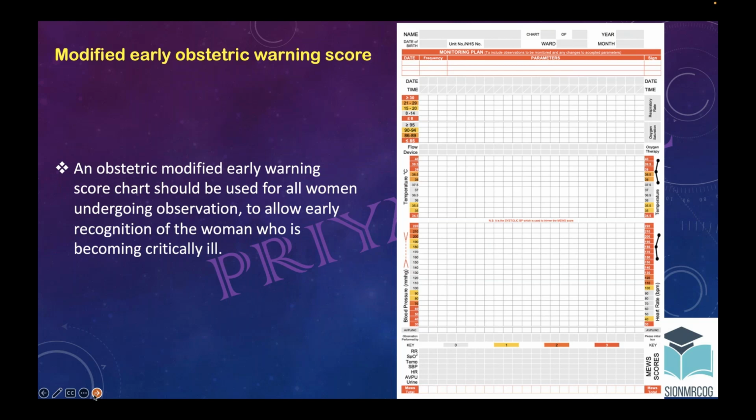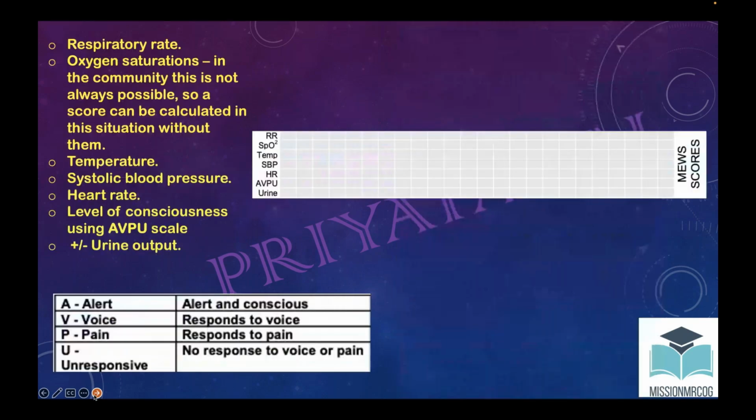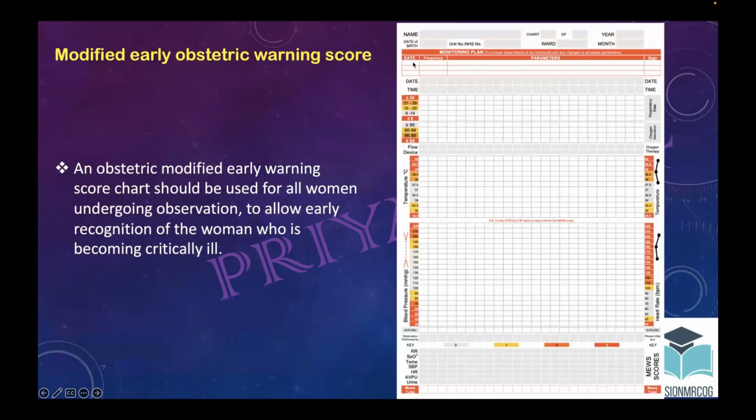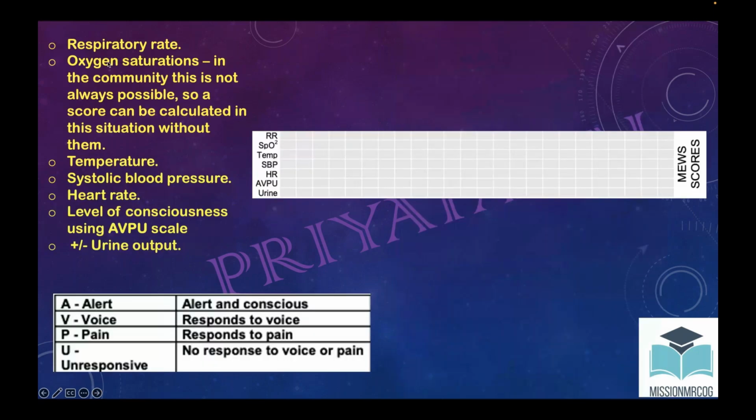So this is the MEOWS chart. Now what parameters are they using? They are using respiratory rate, oxygen saturation. Now oxygen saturation will not be there in the community. Then temperature, systolic blood pressure, heart rate, and level of consciousness with the AVPU scale.